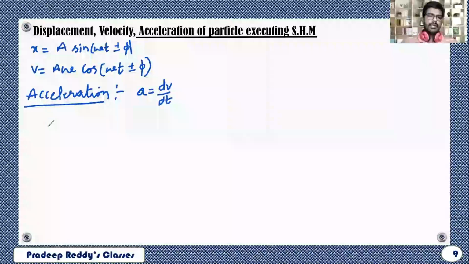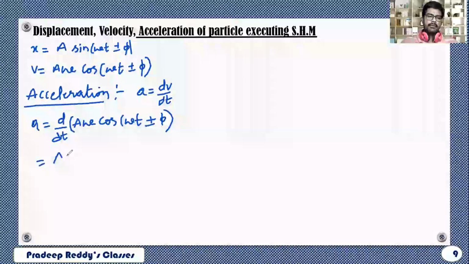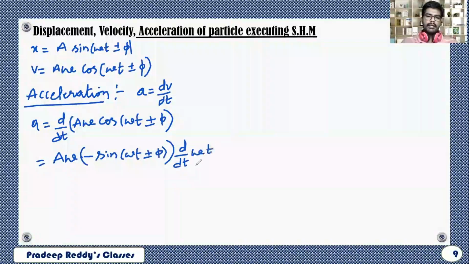This gives you a as d by dt of velocity, a omega into cos of omega t plus or minus phi. Here a omega is constant, d by dt of cos omega t is minus sine of omega t plus or minus phi into d by dt of omega t.